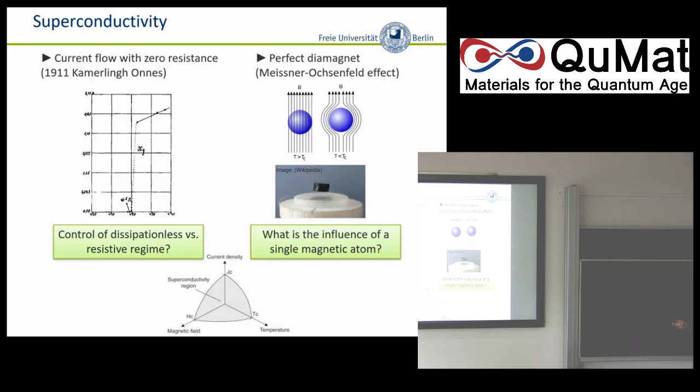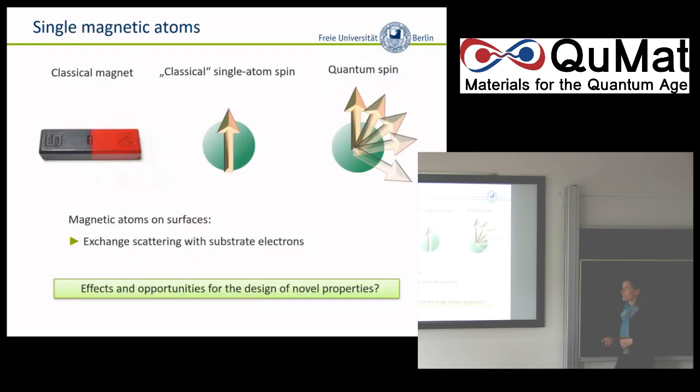Okay, but let me start with the influence of this small single magnetic atom. And let me just say, first of all, we should consider whether this is a classical magnet, or whether this becomes a quantum spin.